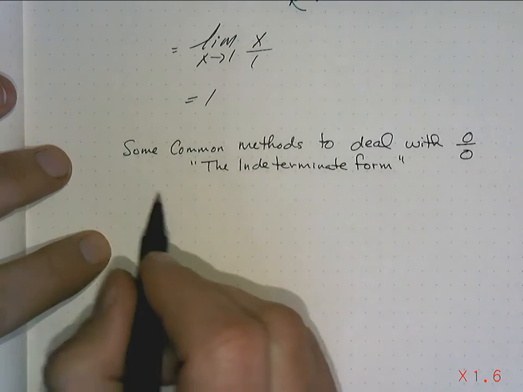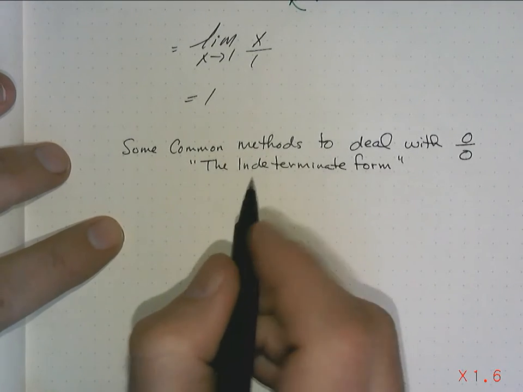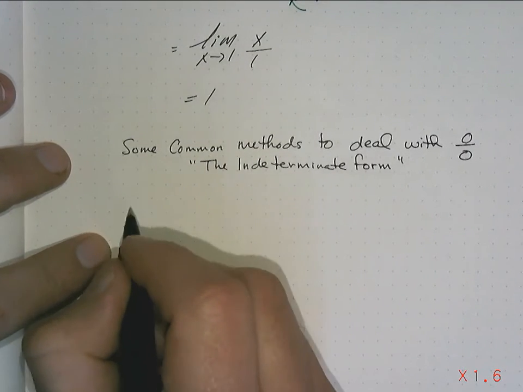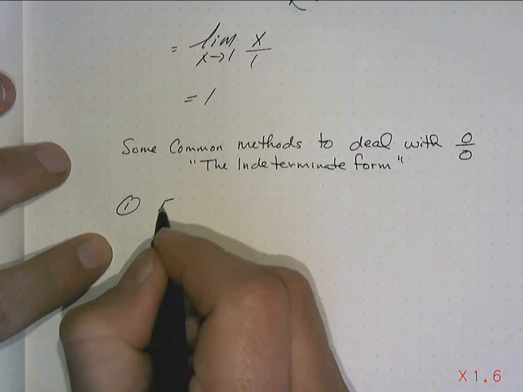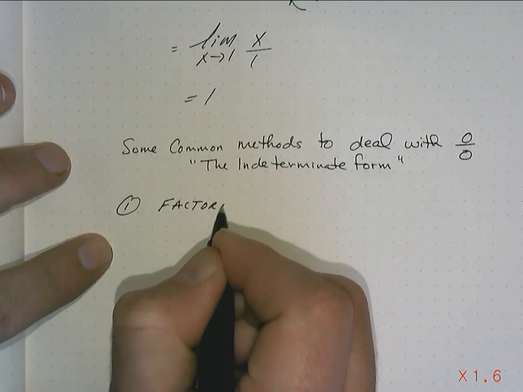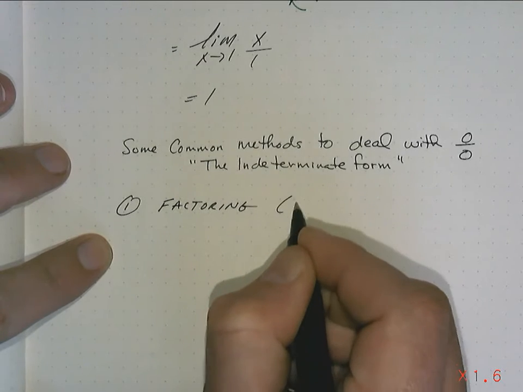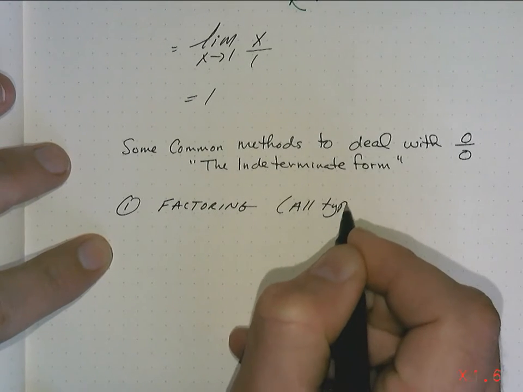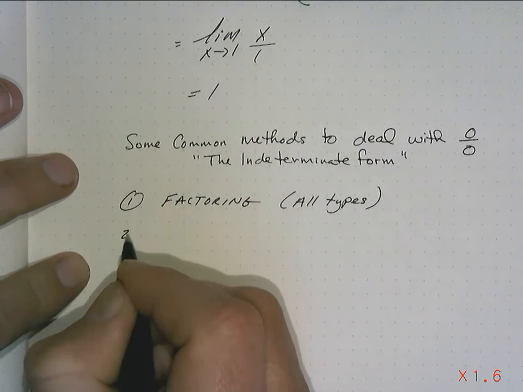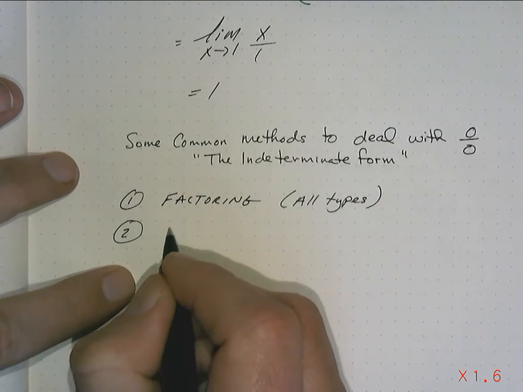And so some of the methods to deal with it, and these are the ones used in this course. Number 1 is going to be factoring. And that means all types, which you're going to love. Number 2, we also do common denominators.